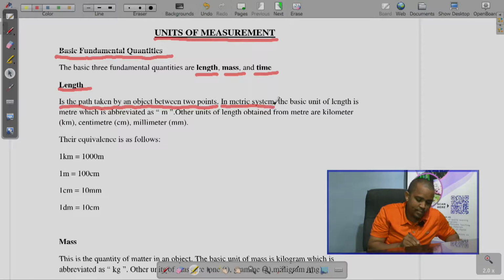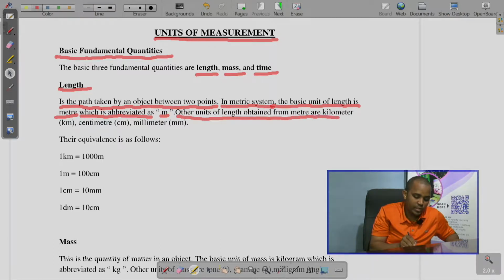In the metric system, the basic unit of length is meter, which is always abbreviated as m. Other units of length obtained from meter are kilometer, centimeter, millimeter, etc. And these units are related as follows.